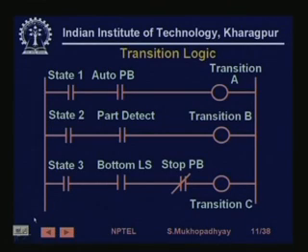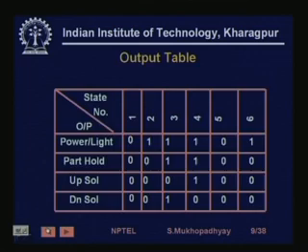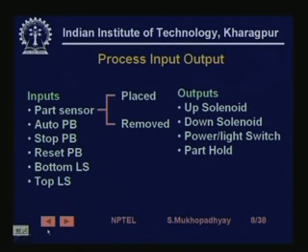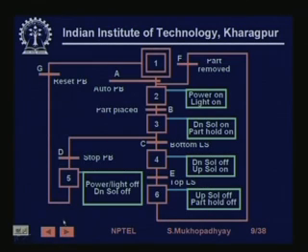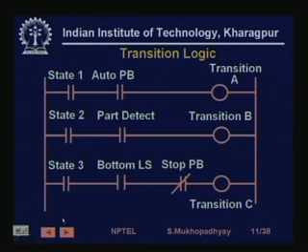If you want to see that, we could go back just for once. You see here, transition A takes the system from state 1 to state 2, transition B takes it from state 2 to state 3, transition C and D are in parallel, it could take state 3 to either 4 or 5. So let us remember this and then go ahead.